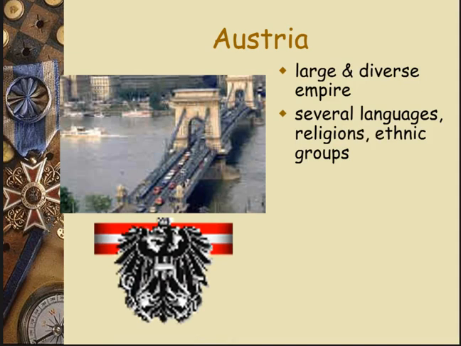Now, the third country you want to mention is Austria. Austria has a slightly different situation than Prussia or Russia because Austria, being the furthest south, has the most contact with diverse groups of people that they are trying to incorporate into their empire.